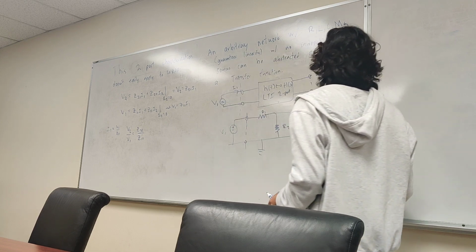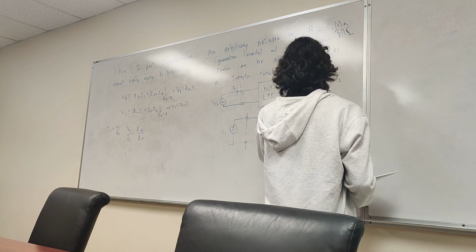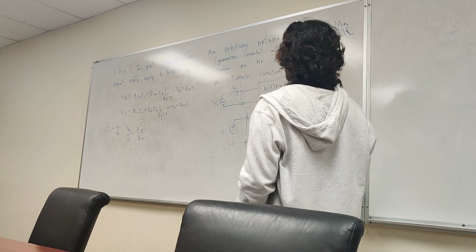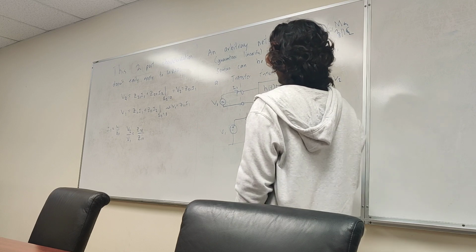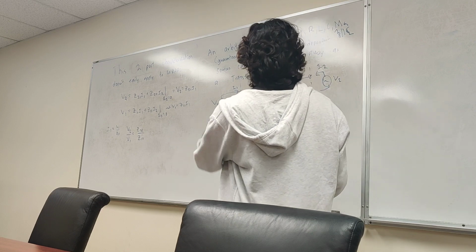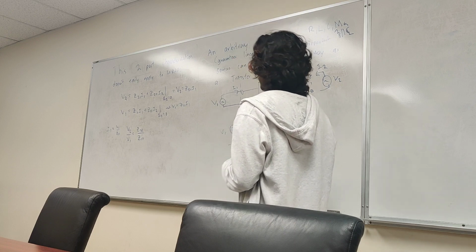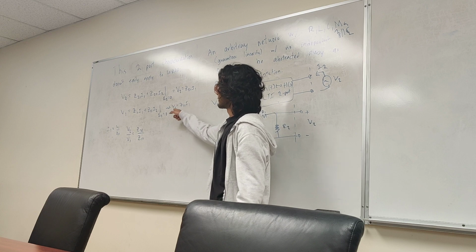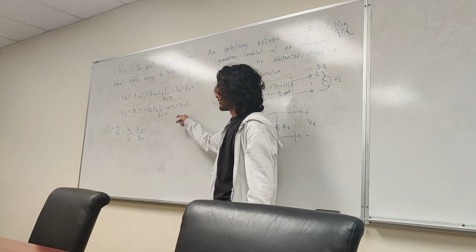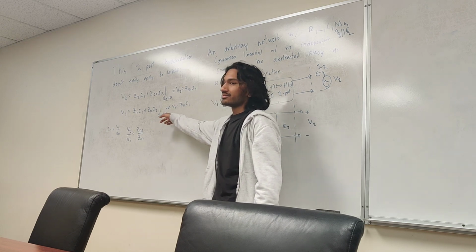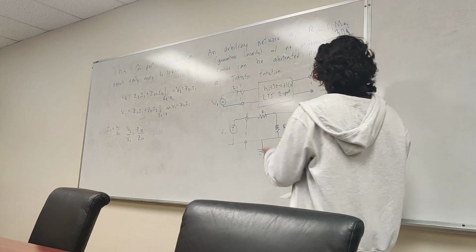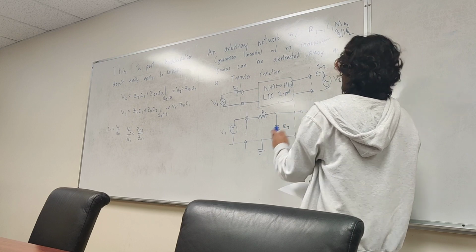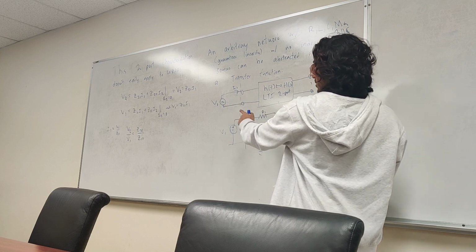This is V1. Okay. So let's do a few things here. Let's say we want to figure out what Z11 is. So for Z11, we say V1 over I1, given that I2 is 0. If I2 is 0, there's no current here, right? So this is good. This is open. That makes sense.